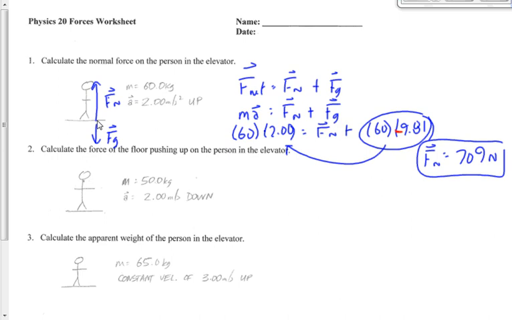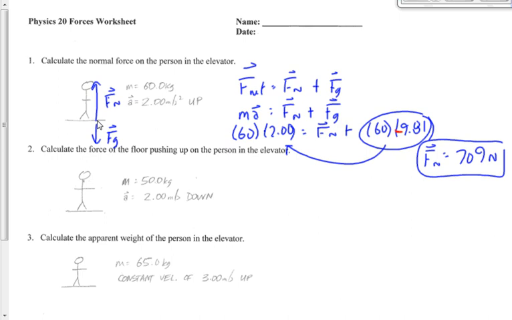And you start accelerating upwards. Do you ever feel like you're being pushed down on the floor? Do you ever feel like you're heavier for a brief moment? That's because the normal force is bigger than the force of gravity, right? You're used to feeling, say, 588 newtons for gravity. But for a brief time, as you accelerate upwards, you're experiencing 709 newtons. You feel heavier than what you really are.